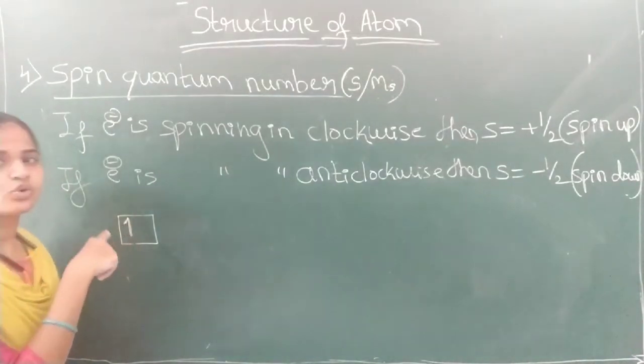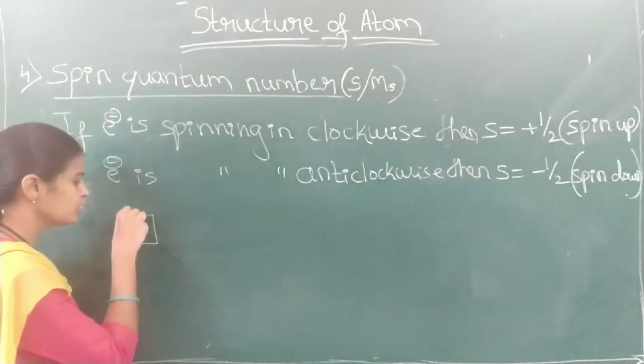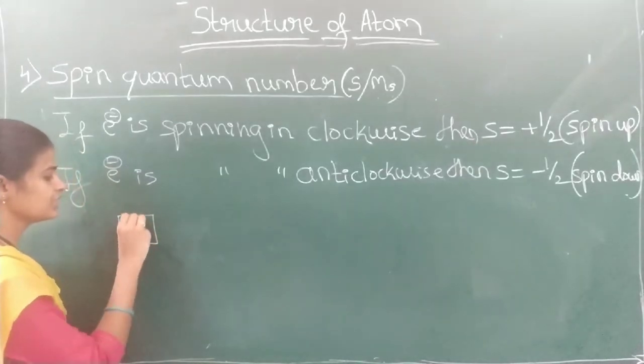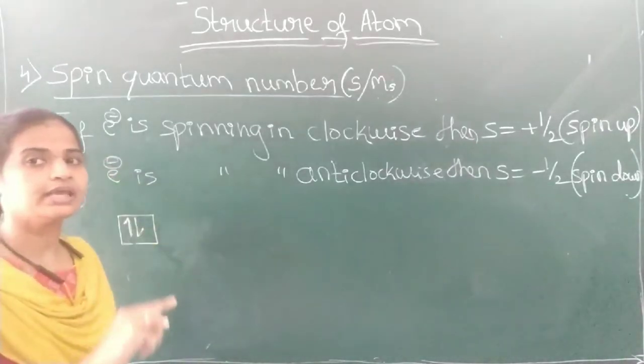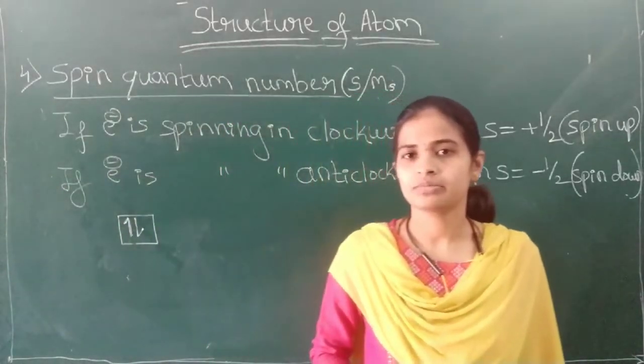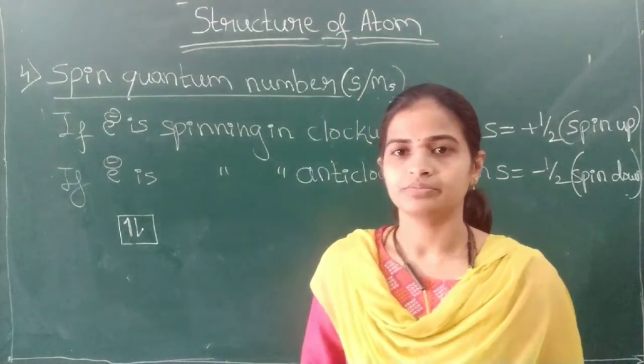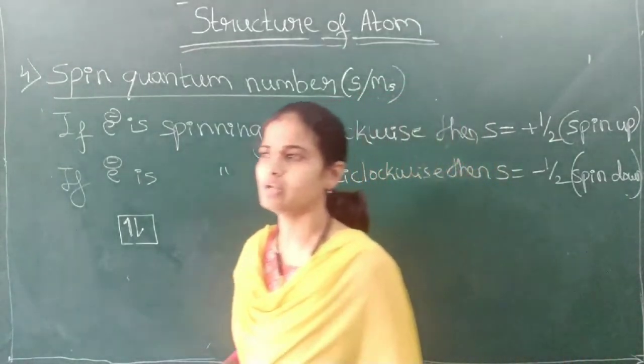This electron is rotating in a clockwise direction. If one more electron I have written like this, the second electron is rotating in an anti-clockwise direction. Understood, students? This is about the spin quantum number. Now take one problem.